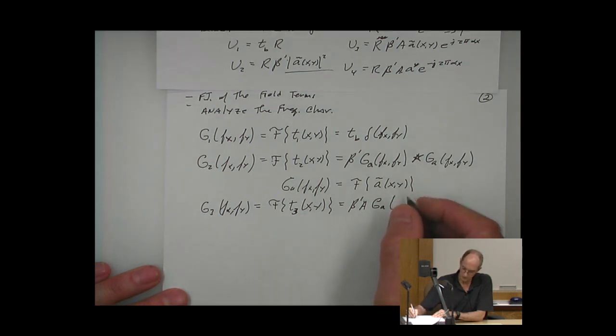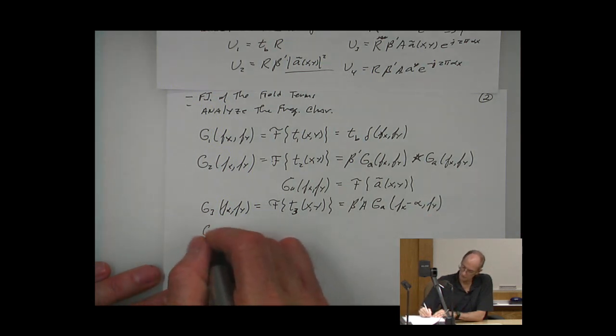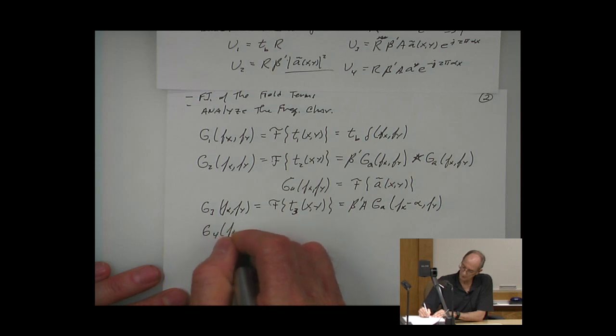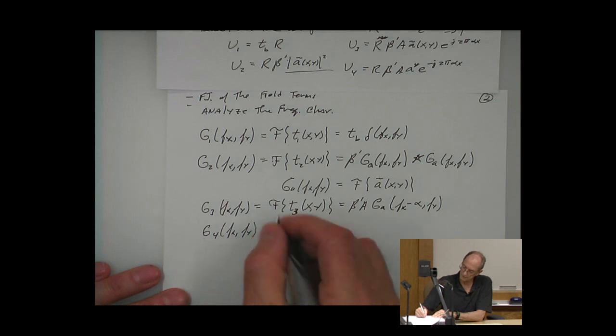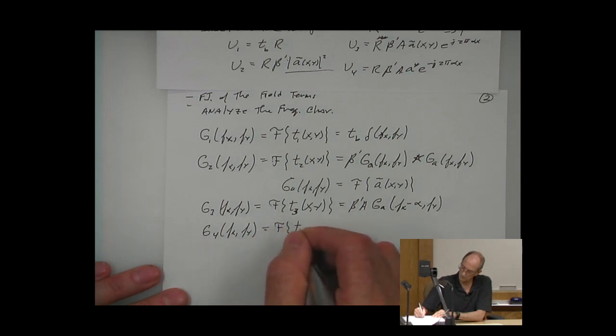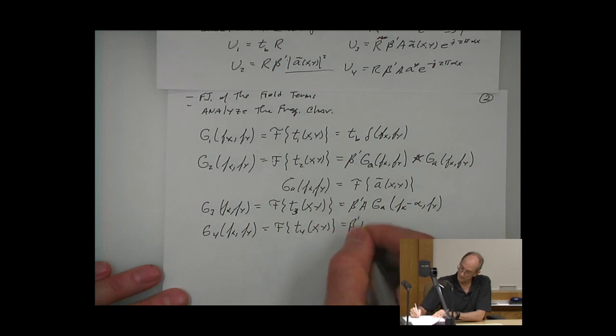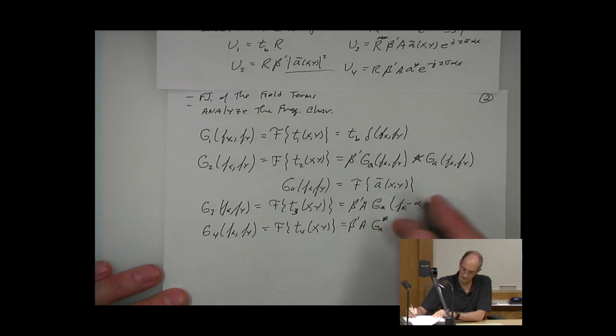So we have f sub x minus alpha, which is what we're shifting it by in the x direction, f sub y. Similarly, G4 of fx, fy, for completeness, is the Fourier transform of T4 of xy, beta prime A, and this is G A star, since we're taking the Fourier transform of not A, but A star.